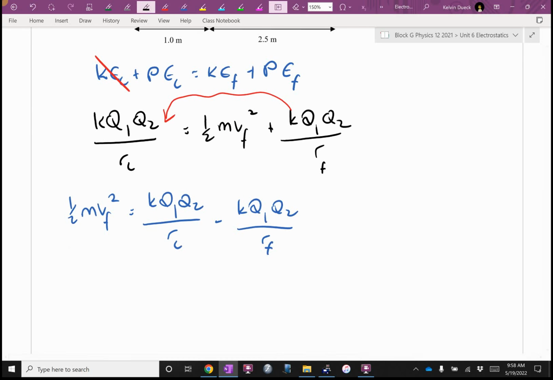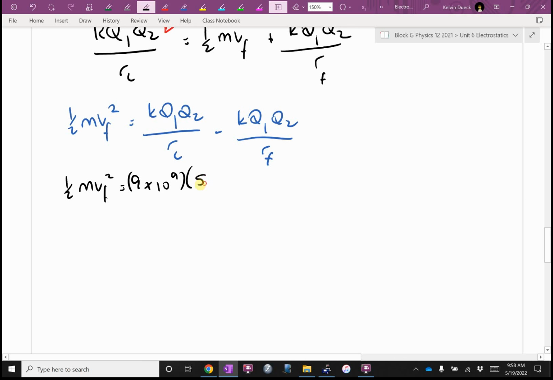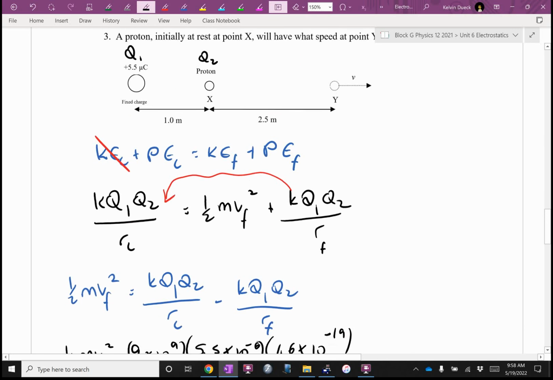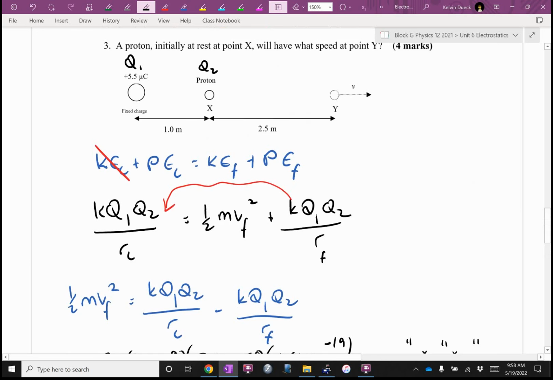So, a half little m v final squared equals k, 9 times 10 to the 9th. Q1 was 5.5 microcoulombs. Q2, it's a proton, positive 1.6 times 10 to the negative 19, divided by R initial, 1, minus same thing times same thing times same thing, all over R final.